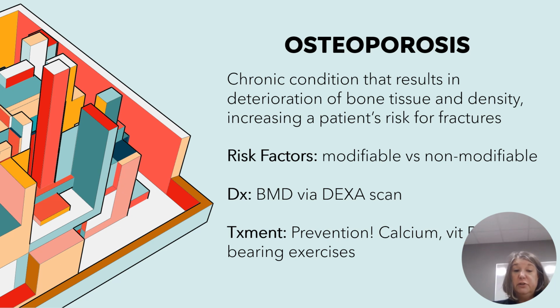There's a decrease in estrogen levels, which results in the inhibition of bone formation, and an increase in the parathyroid hormone, which increases osteoclastic activity and bone turnover, right? Parathyroid is in charge of our calcium. So if the parathyroid hormone is not regulated the way it should be, our calcium is not being regulated either. All of these changes produce a decrease in bone mineral density. So the bones become more porous, brittle, fragile. And then of course we have an increased risk of fracture, right? Because the bones aren't as strong.